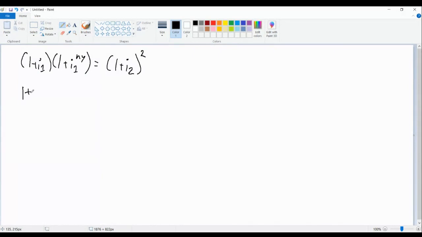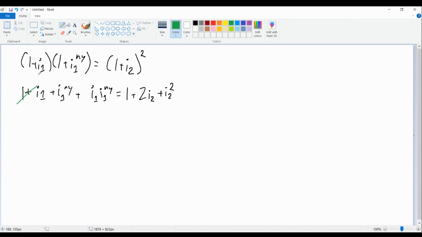So the left-hand side becomes 1 plus I1 plus I1 next year plus the product of I1 and I1 next year, which again may or may not be the same as the first one. And that equals, let's expand this, 1 plus 2I2 plus I2 squared. Great.